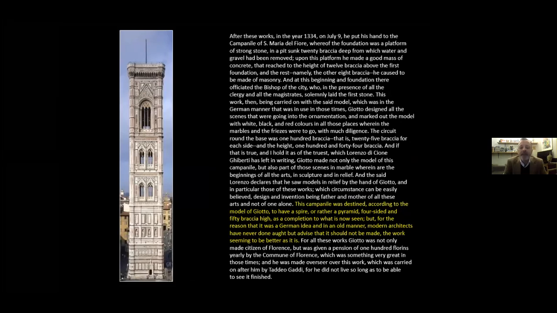But for the reason that it was a German idea, and an old manner, modern architects have never done aught but advised that it should not be made. And the work seems to be better as is. So again, we don't really even have a full idea in the present realization of what Giotto had hoped. We have to imagine that an even taller rising pyramid here would have given a very different impression to the building today.